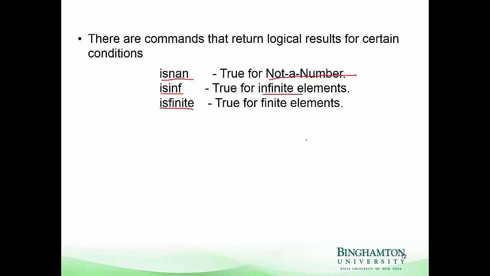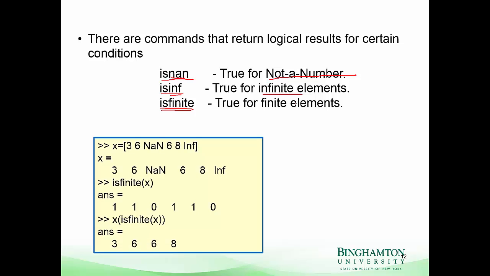So we often want to parse these things out and remove them. We can either check to see if we have either of those cases, NaN or inf, or we could do it the other way and check which ones are finite. isfinite will give us a 0 for either NaN or infinite.